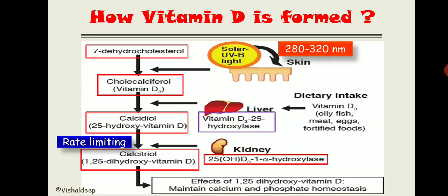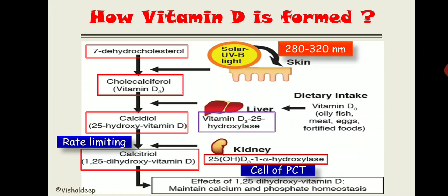The answer is at the level of the proximal convoluted tubule. The cells of the proximal convoluted tubule have an enzyme known as 1-alpha hydroxylase. That enzyme increases the conversion of calcidiol into calcitriol. So vitamin D is also 25-hydroxy vitamin D, the calcidiol, and vitamin D is also calcitriol, but the active form of vitamin D is calcitriol.